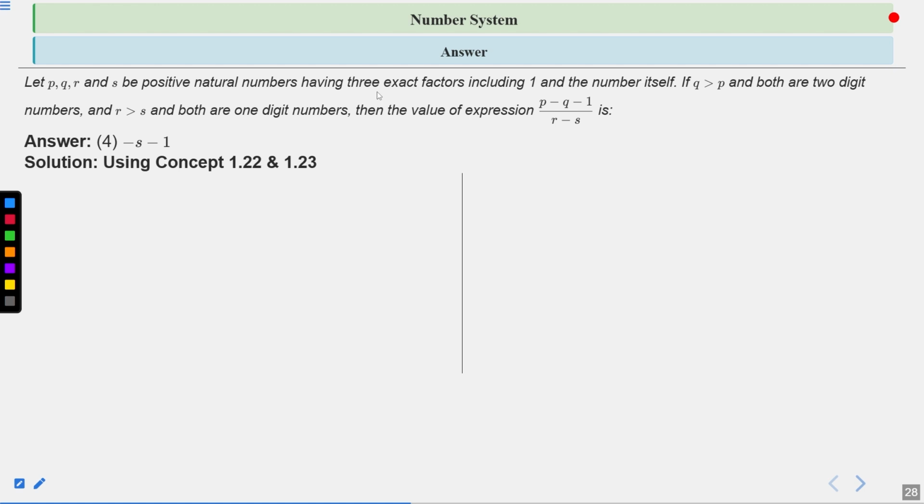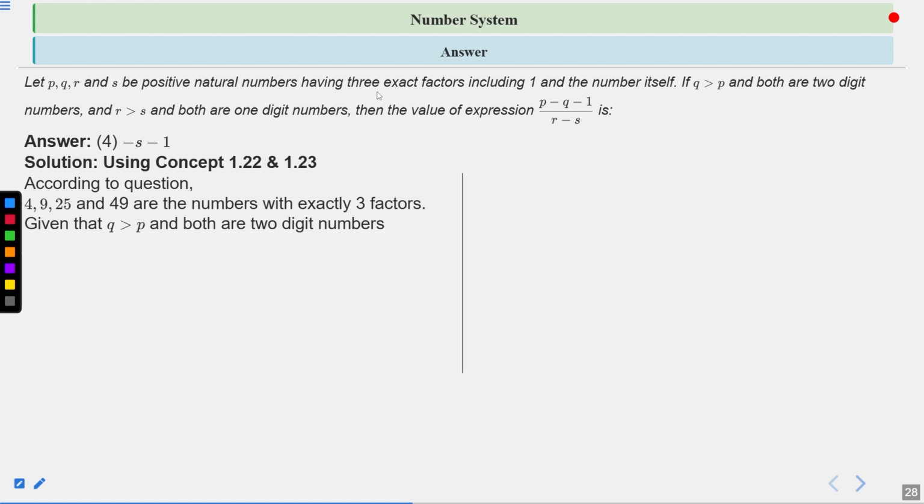Now see the detailed solution using concept 1.22 and 1.23 in this question. So according to the question, 4, 9, 25 and 49 are the numbers with exactly 3 factors. So given that Q is greater than P and both are 2-digit numbers, we can take 25 and 49.